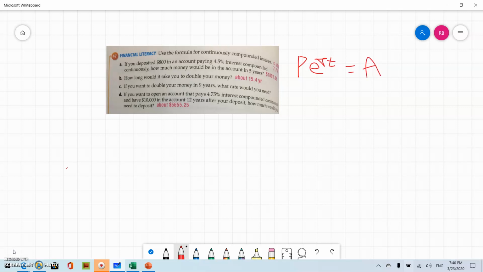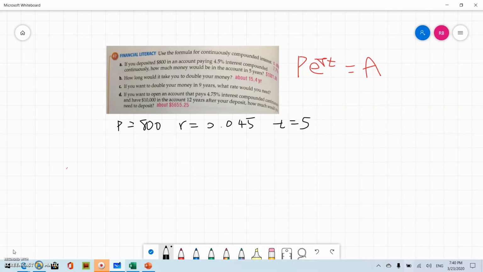R and T is the power of the E. It says if you deposited $800 in an account paying 4.5% interest compounded continuously, how much money would you have in 5 years?